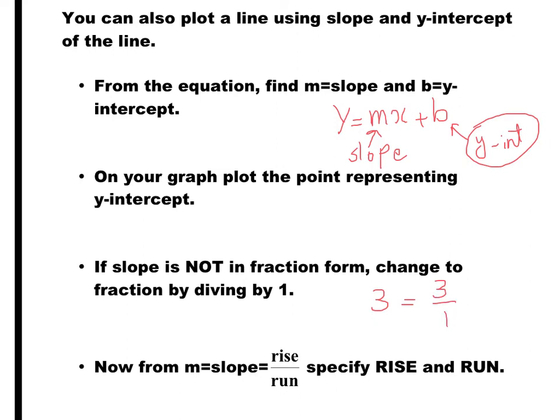The reason we do that is that this way we know that 3 is going to be the rise and 1 is going to be the run. Now, after you have your slope in fraction form, you are going to plot the y-intercept, the point, on the graph.